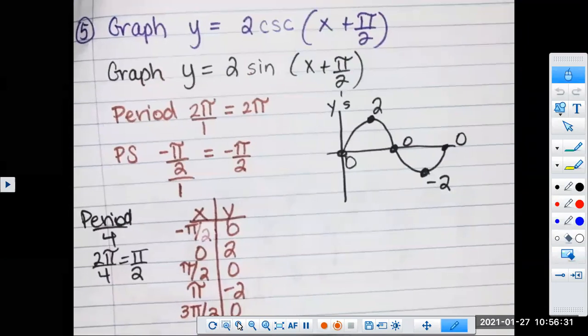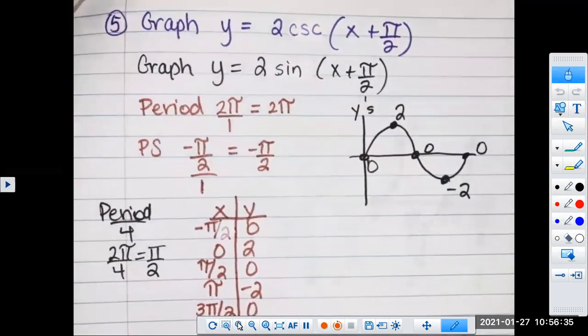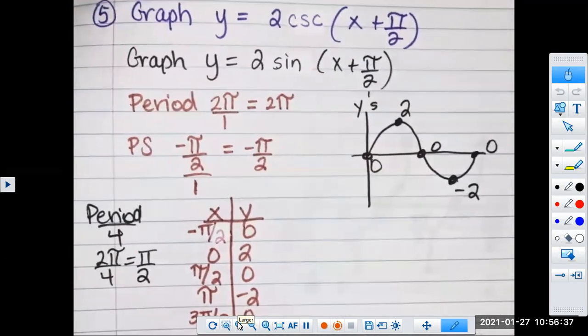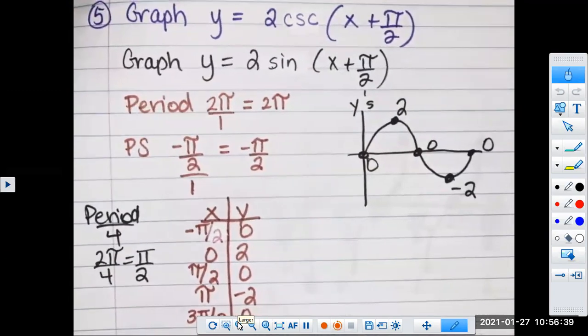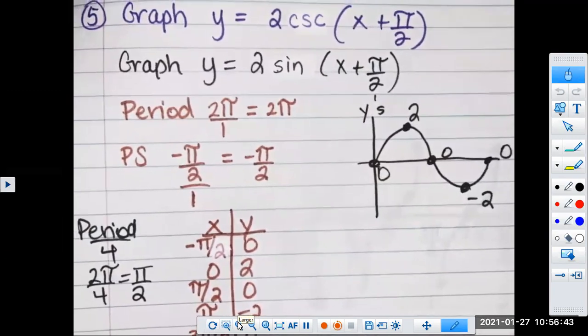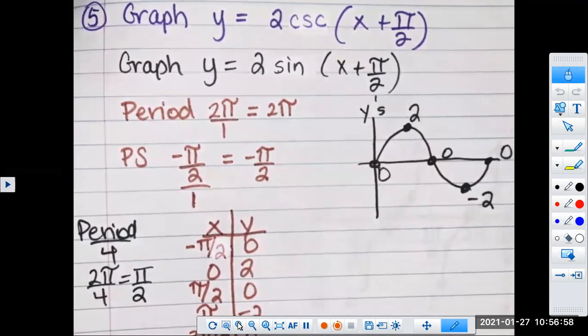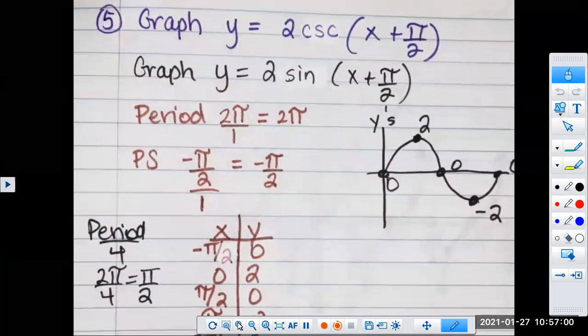All right, last one. This is your number 4, number 5 in your notes. All right, we're going to graph y equals 2 cosecant of x plus 2 pi.